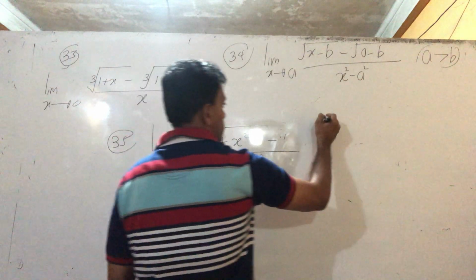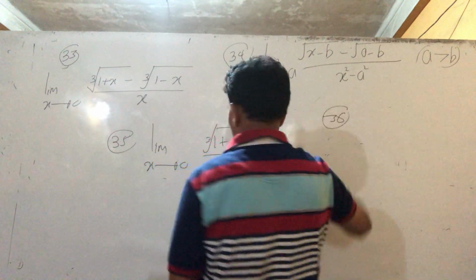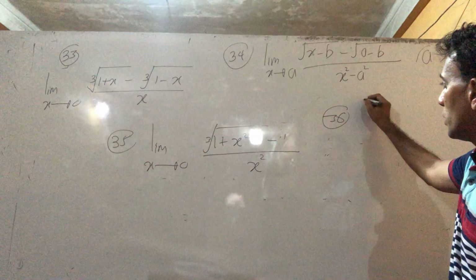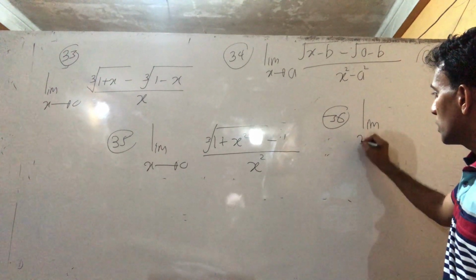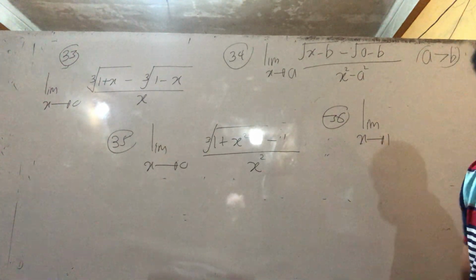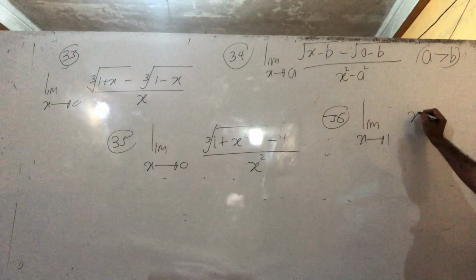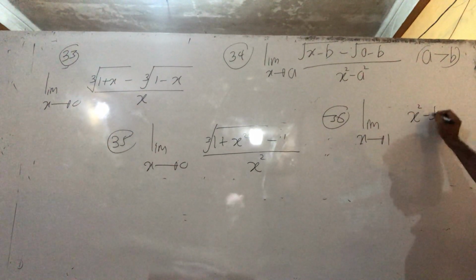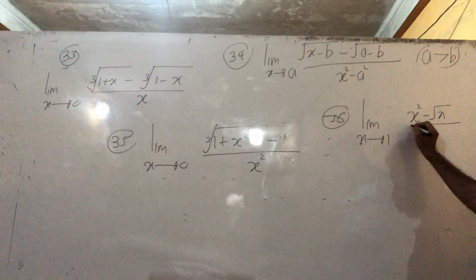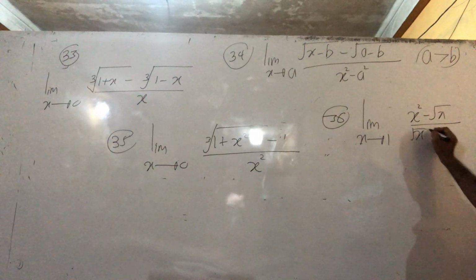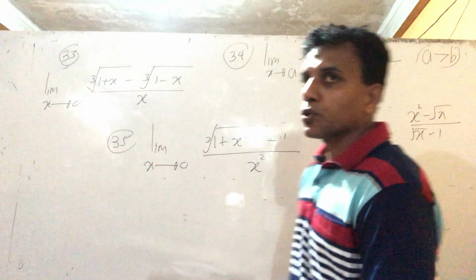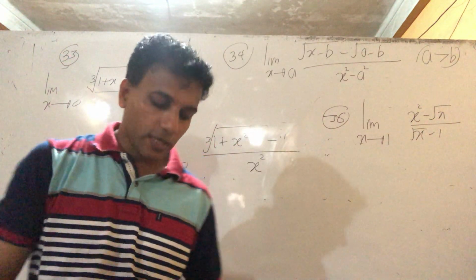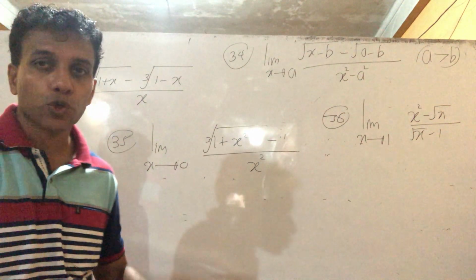And the question 36. Limit x approach to 1, x square minus root x over root x minus 1. So I hope you can do this as homework. Try. Next video I'll show it.